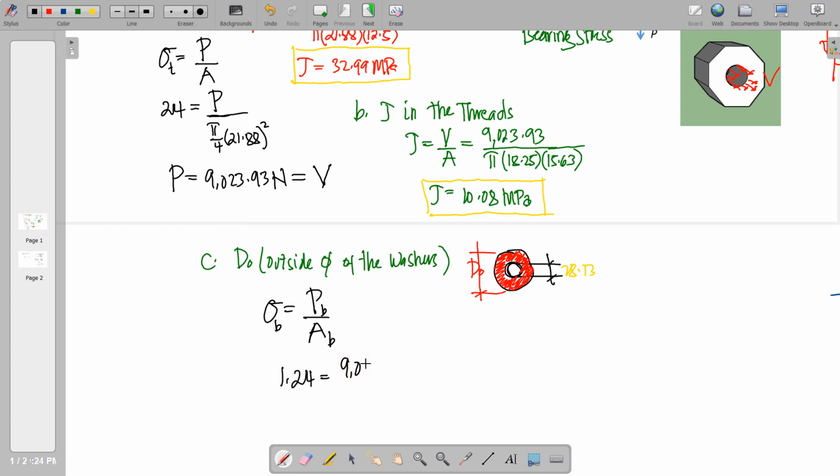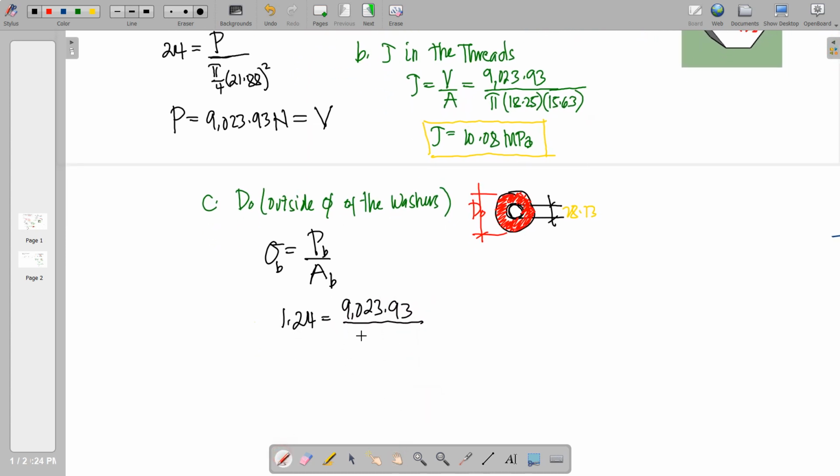9023.93. So the bearing area is the area of the larger circle, pi over 4 times dO squared, and we'll just have to deduct the area of the smaller one. So in terms of diameter, we'll just have to factor out pi over 4 and then have the difference of the squares of the diameters.